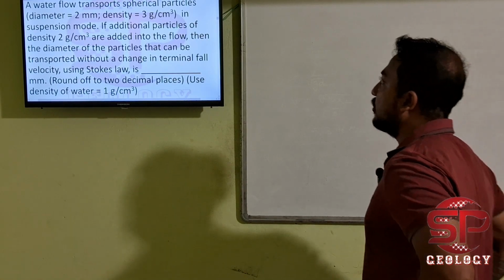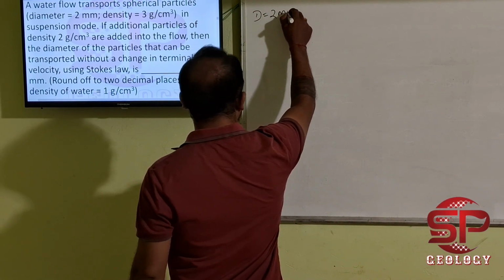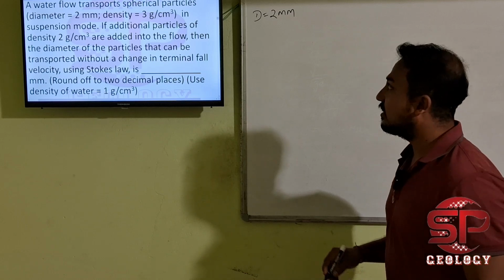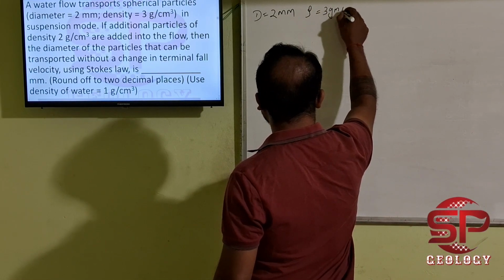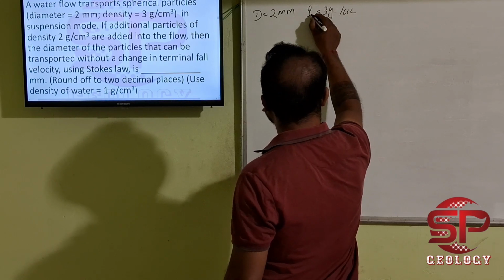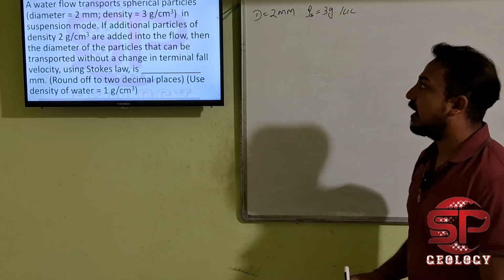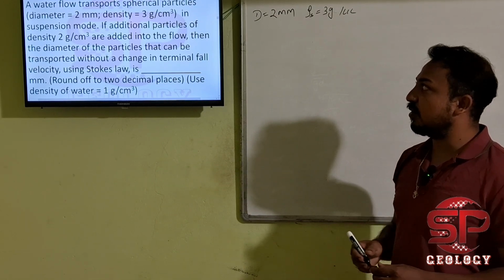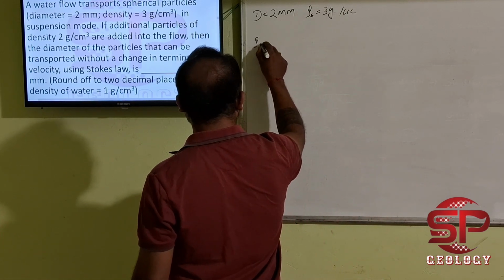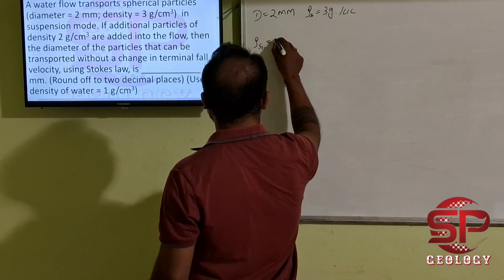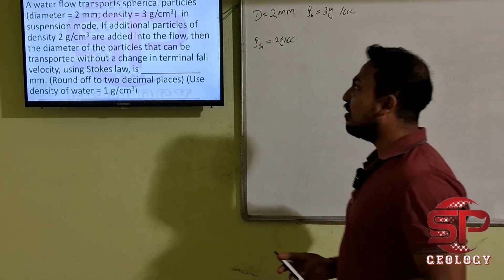So water flow transports spherical particles of diameter 2 mm. So D is given 2 mm. Then density is given 3 gram per cc. So it is rho s, particle density in suspended mode. If additional particles of density 2 gram per centimeter cube are added, we will take another particle, rho s1, that is 2 gram per cc, added into the flow.